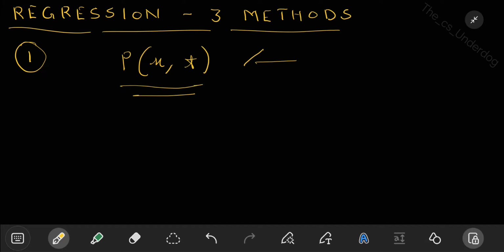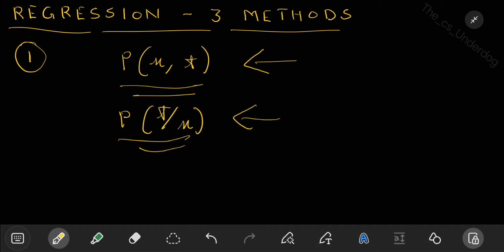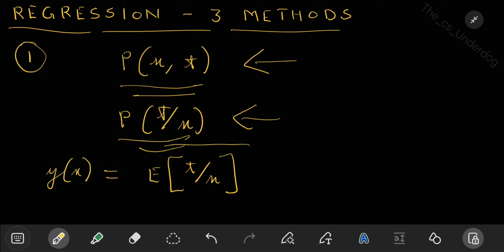And once you have the joint density, from that you can find probability of t given x. So you normalize it to find probability of t given x, which is the conditional density. And once you find this conditional density, from it you can find the conditional mean, which is expectation of t given x. Mean means expectation only. Expectation of t given x. So this is the final value of y of x that you want to find.